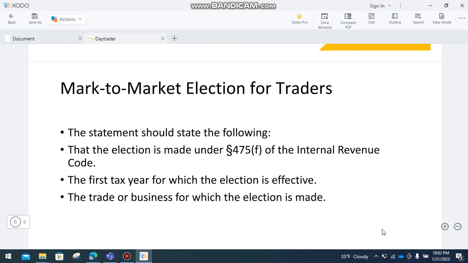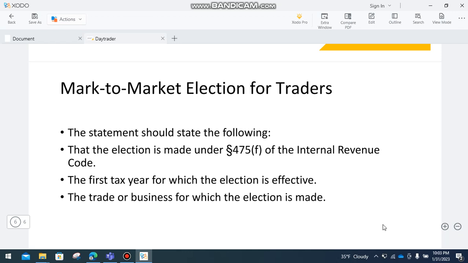Sorry about that. The last thing I'm going to talk about is the mark-to-market election for traders. Let me give you an example. If you're a regular investor and you buy and sell stocks, and you sell at a loss, you can only deduct $3,000 of loss.